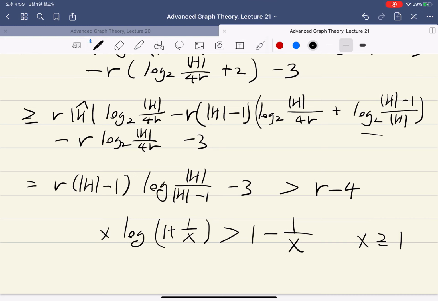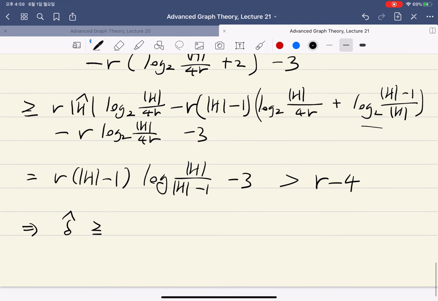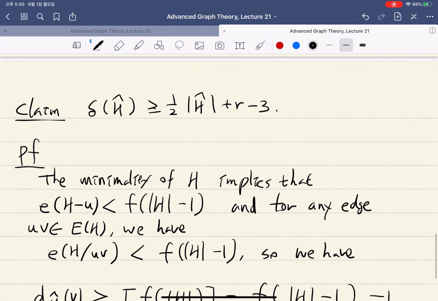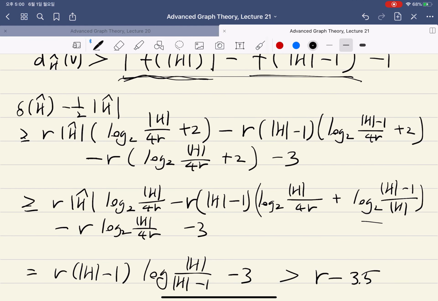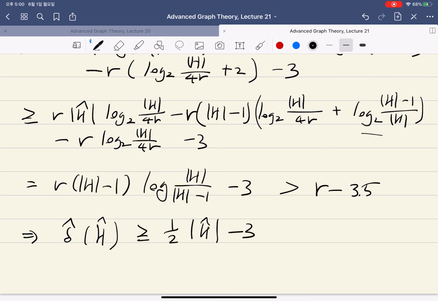So what we conclude is that delta hat is, let's actually put 3.5, so we can conclude that this h hat has a minimum degree at least half of its number of vertices plus r minus 3.